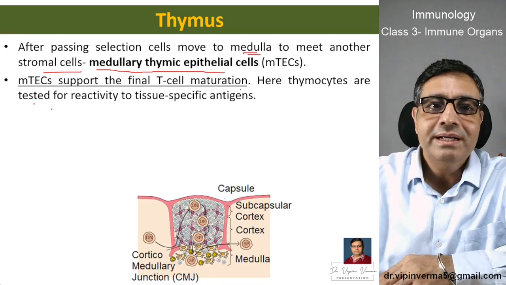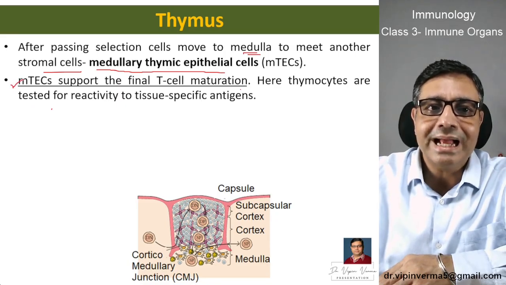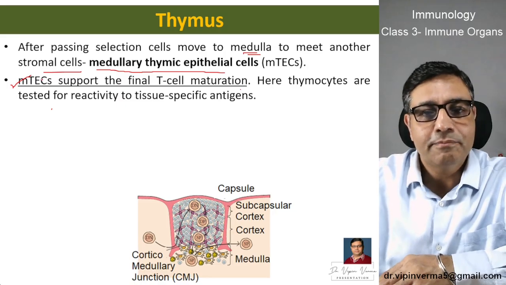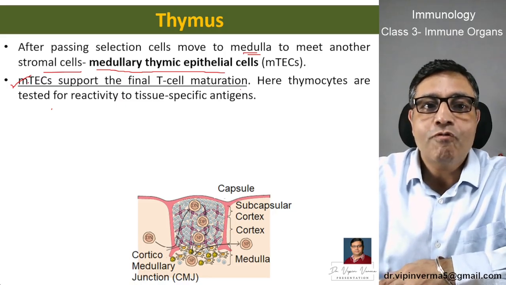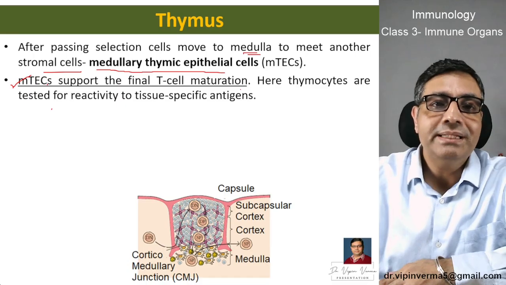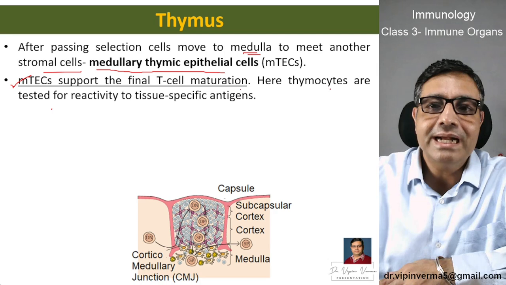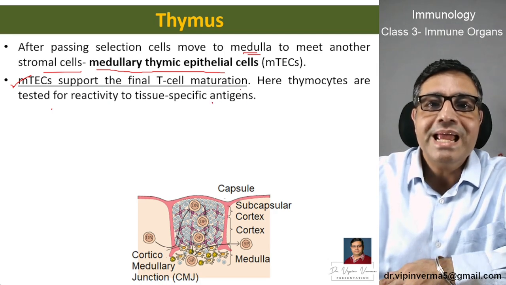Okay, remember that cortical thymic epithelial cells are actually selecting the cells by positive and negative selection, while the medullary thymic epithelial cells are supporting the final T cell maturation, and here thymocytes are tested for reactivity to tissue specific antigens.